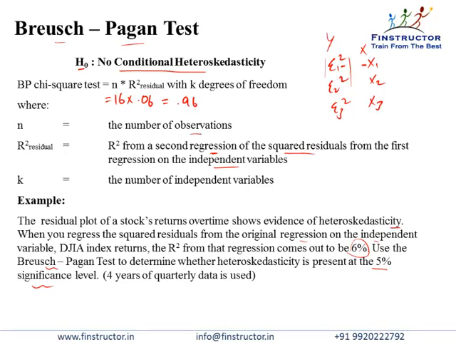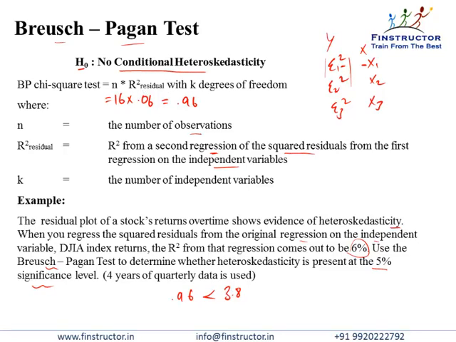The critical value for the chi-square test at a 5% level of significance with the given degrees of freedom comes out to be about 3.8. As 0.96 is less than 3.8, hence we cannot reject the null that there is no conditional heteroskedasticity.